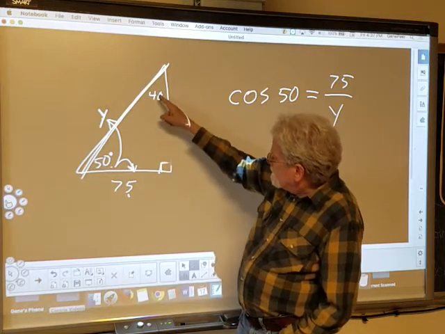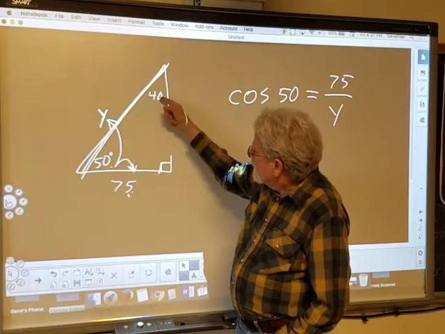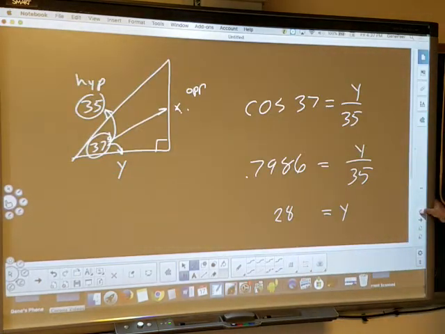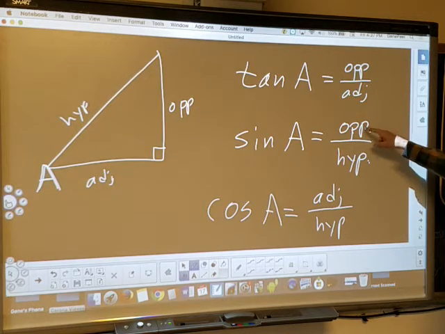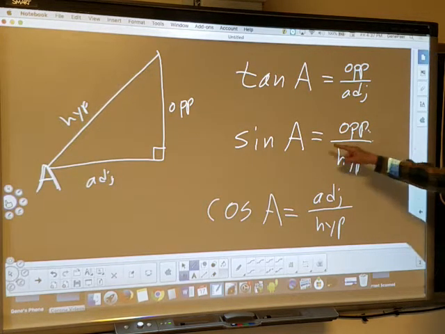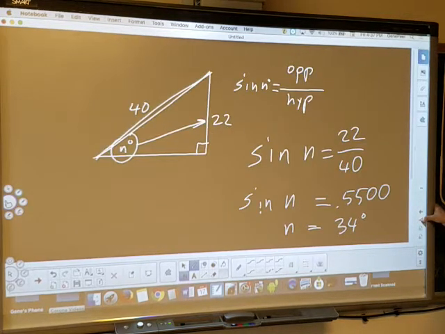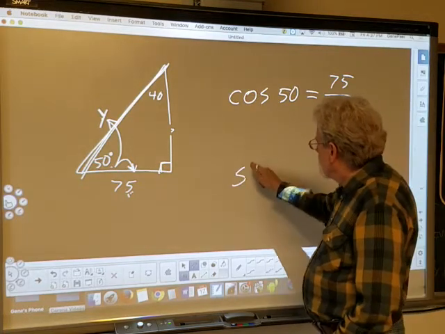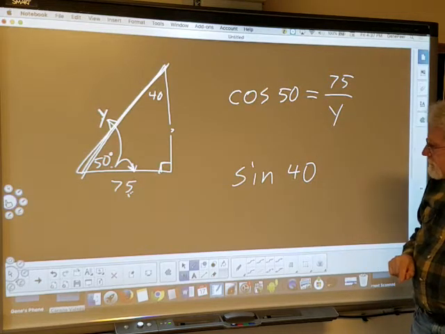So now what do we have? This is the opposite and the hypotenuse. Opposite and hypotenuse will be sine. We're going to use sine this time. So let's try sine of 40 instead of cosine of 50.